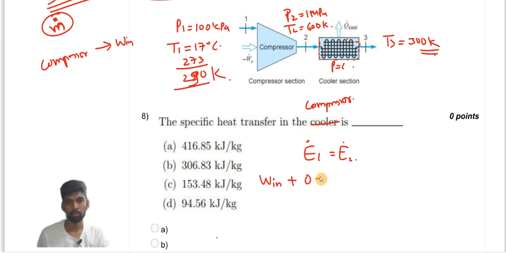So straight away we will write 0, and for mass transfer, let me write it in specific sense, so as to avoid any mess: h1 plus V1 square by 2000 plus g z1 by 1000.